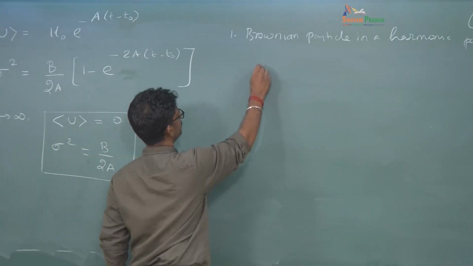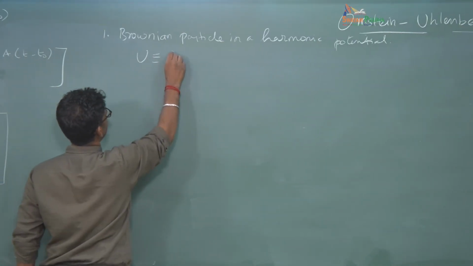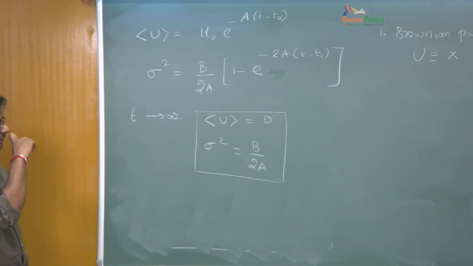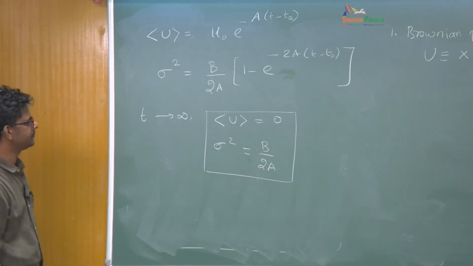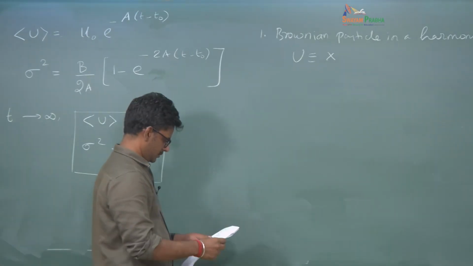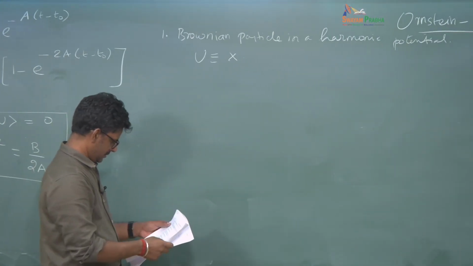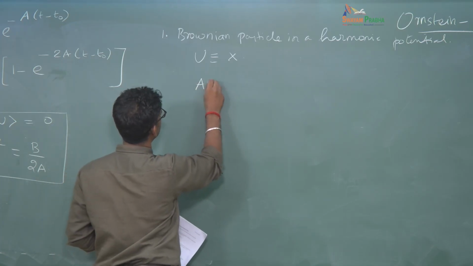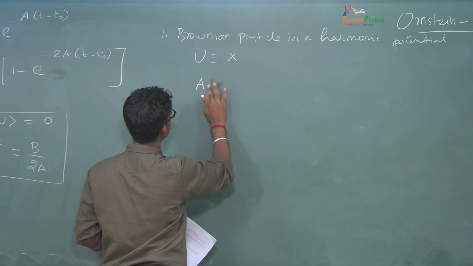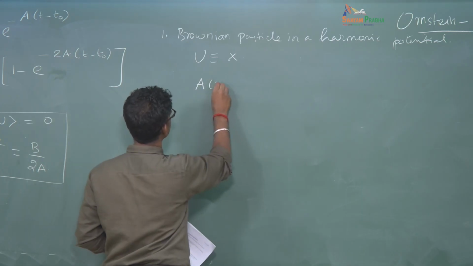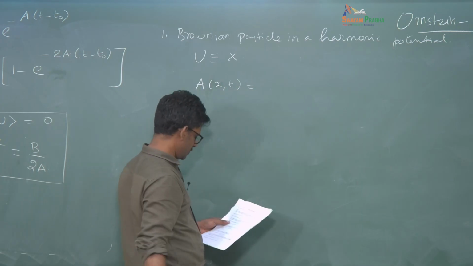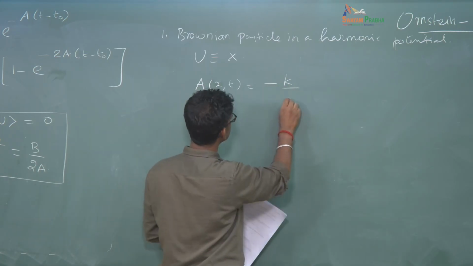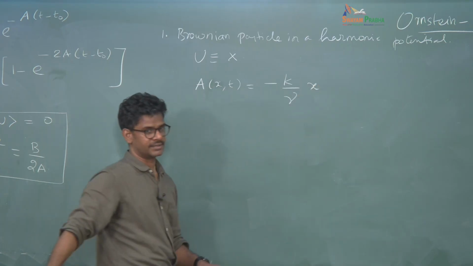So we say that u here is actually x, the position of a Brownian particle confined by a harmonic potential. So in this case, our A(x, t) was k by gamma x.